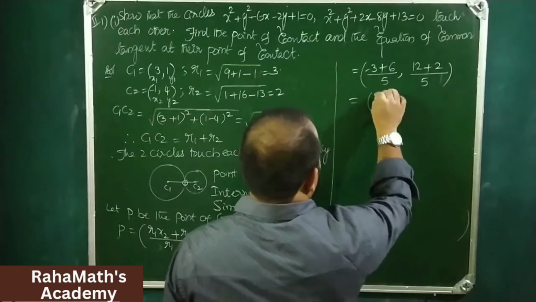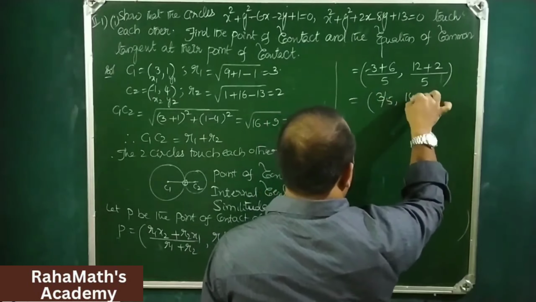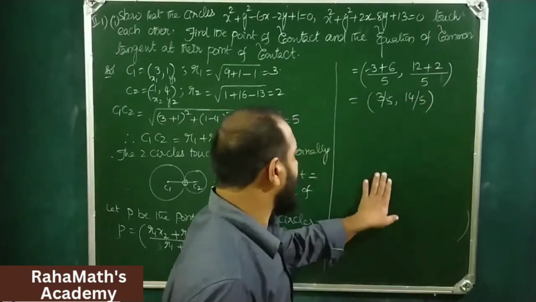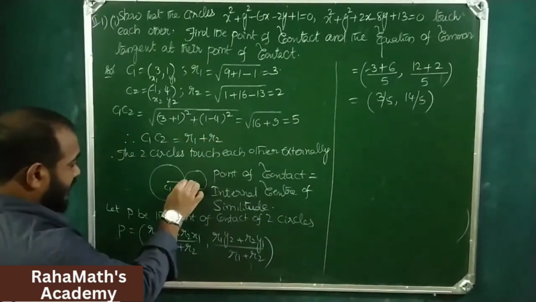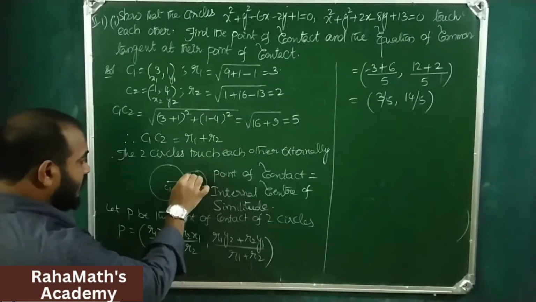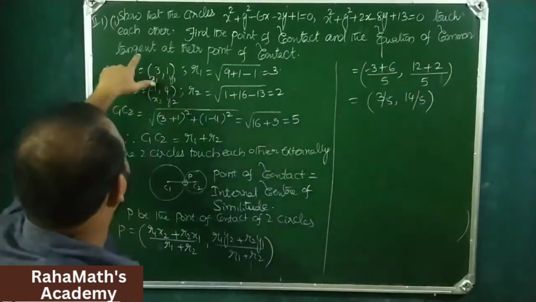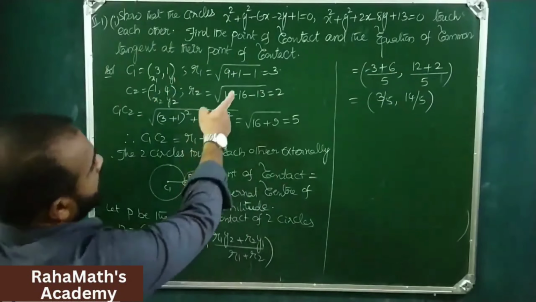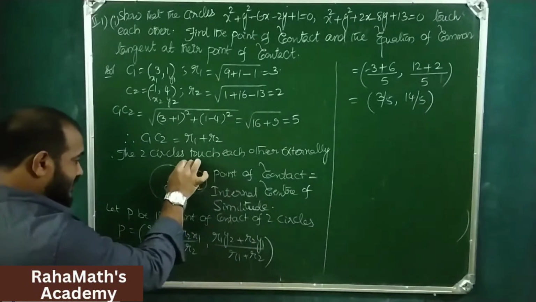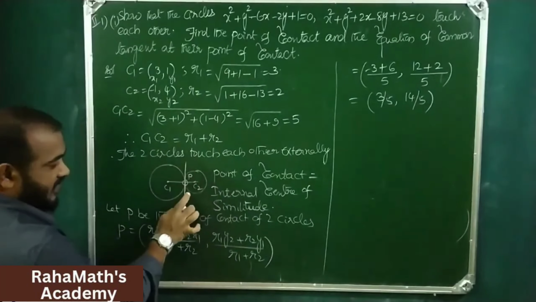So this is (3/5, 14/5). So this point of contact we have found, this P, and now the equation of the common tangent at the point of common contact. So the equation of this line he is asking.